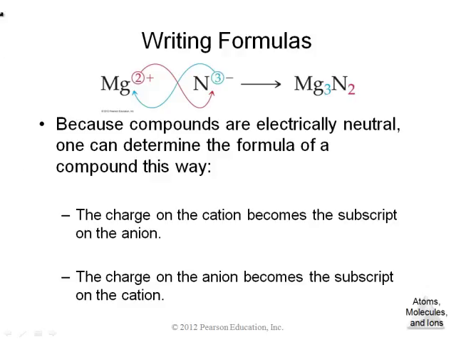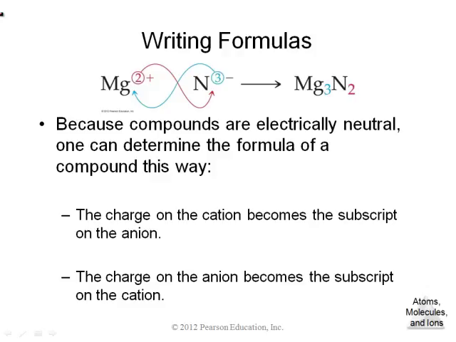Put the charge of the positive ion as the subscript of the negative ion, and the charge of the negative ion becomes the subscript of the positive ion. So you get the formula Mg3N2. Okay, this is an easy way of remembering. You have to understand the concept in case you don't remember this.